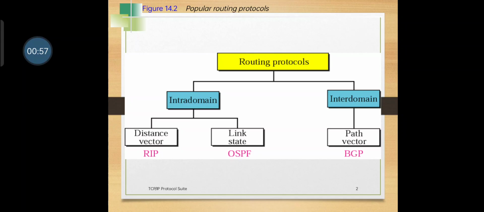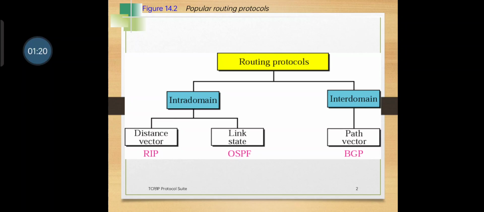Under intra-domain routing, we have distance vector routing and link state routing. For inter-domain routing, the example is path vector routing. The protocol we use for distance vector routing is RIP, the Routing Information Protocol. For link state routing, we use the protocol called OSPF, which stands for Open Shortest Path First.